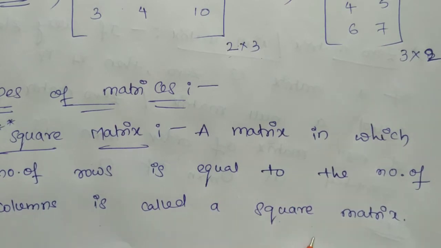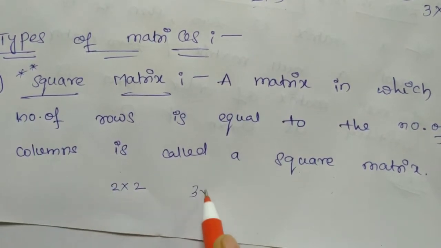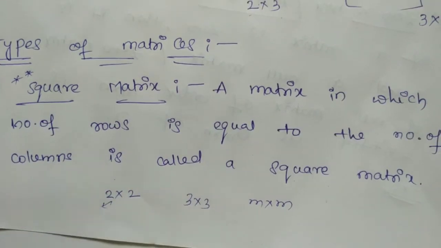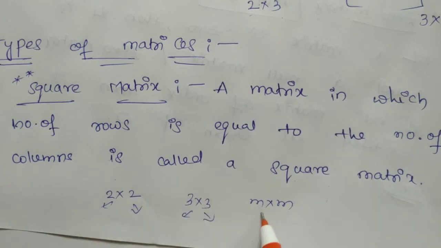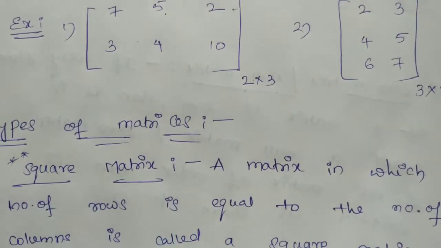That is a matrix in the form of 2 by 2, 3 by 3, or m by m. Here rows are 2 and columns are also 2; for 3 by 3, m rows and m columns, the rows and columns are equal.